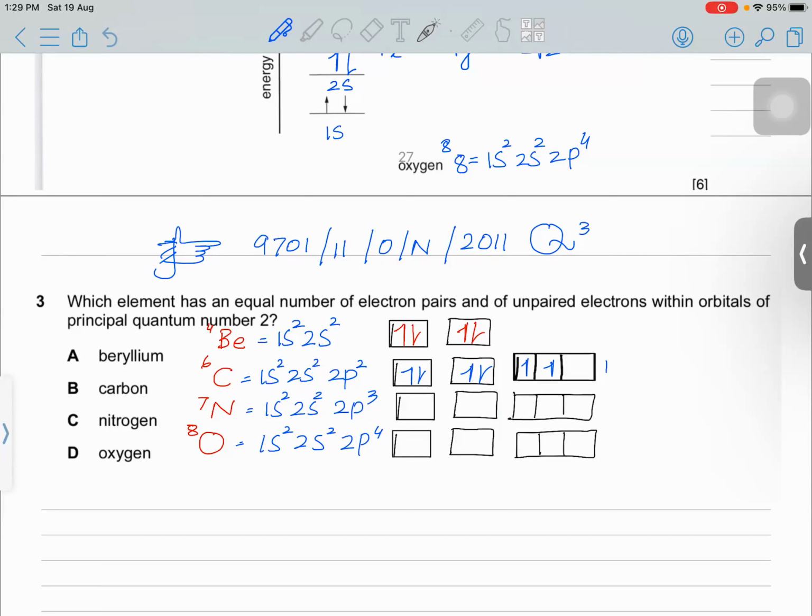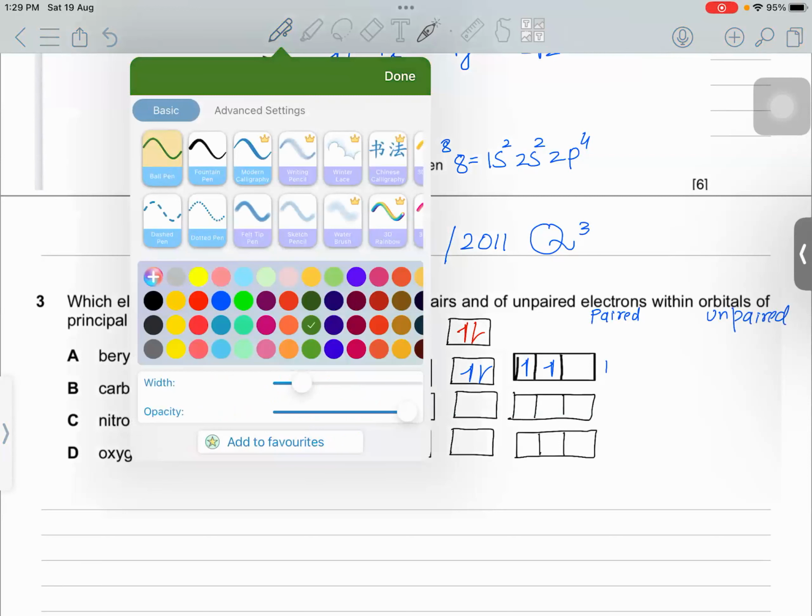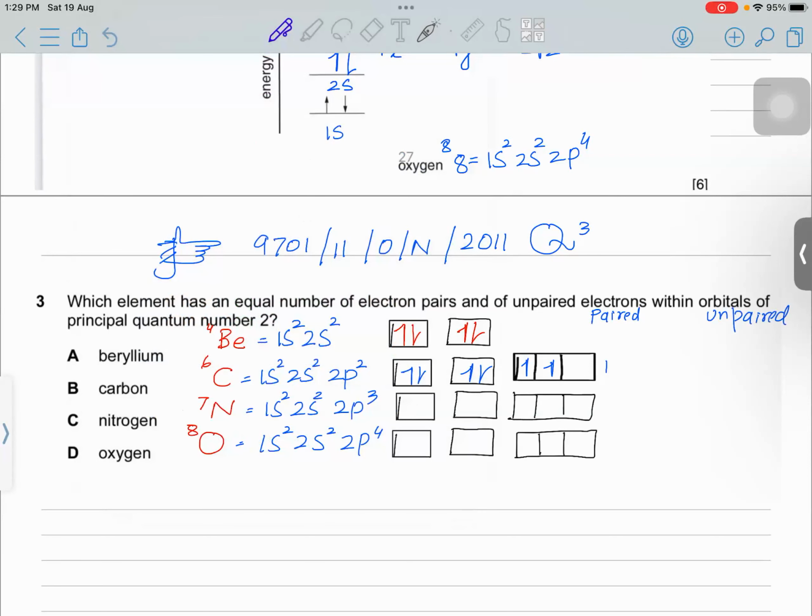Now here I am writing paired electrons, here unpaired. Tell me the number of paired electrons in it. In A it will be four, right? First I would like to draw all the electrons.